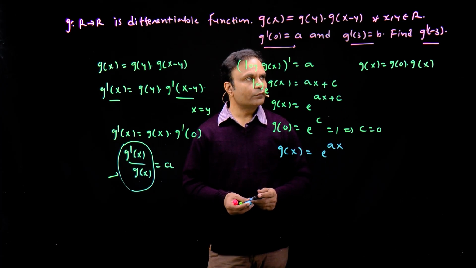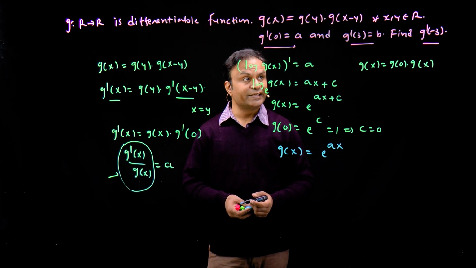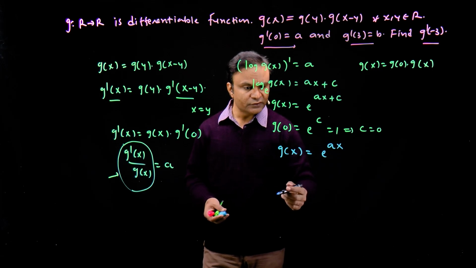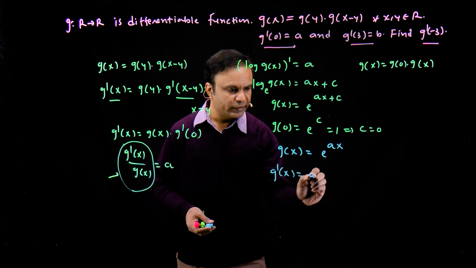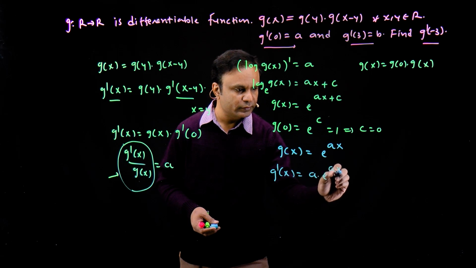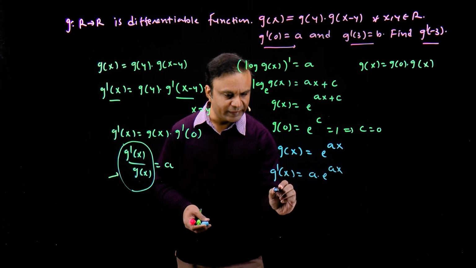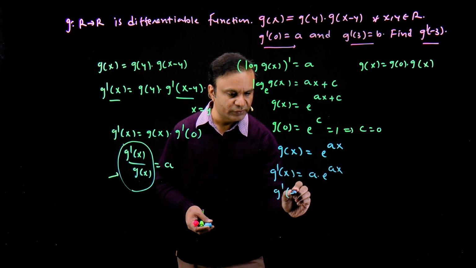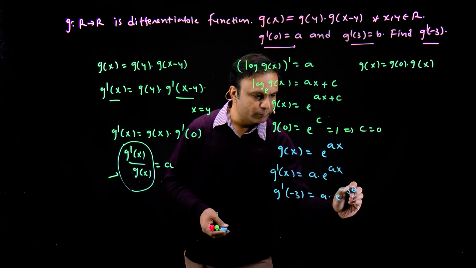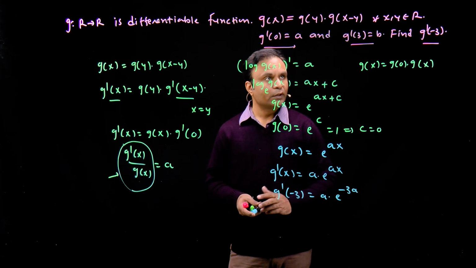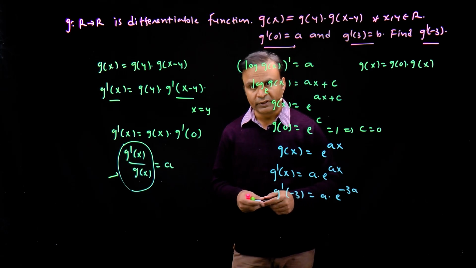Now I can get the value of g dash minus 3. Okay, but I also have the value of g dash 3. So first of all let's differentiate this. g dash x is equal to a multiplied by e power ax. In this if I put x is equal to minus 3, I get g dash minus 3 is equal to a multiplied by e power minus 3a. Now what is the use of the value g dash 3 is equal to b?